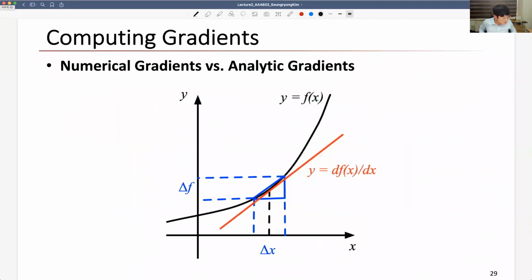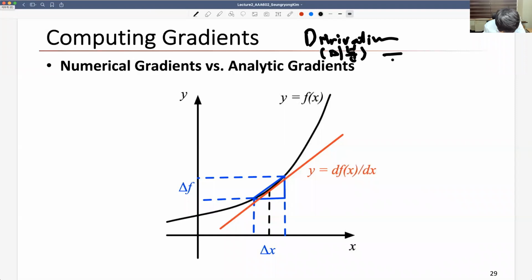Okay, before moving on, let's think about how to compute the gradient. If you remember from high school, we used the derivative, right? In Korean, 미분.